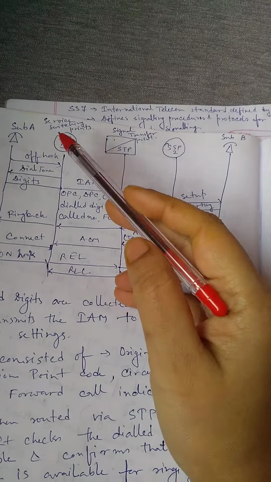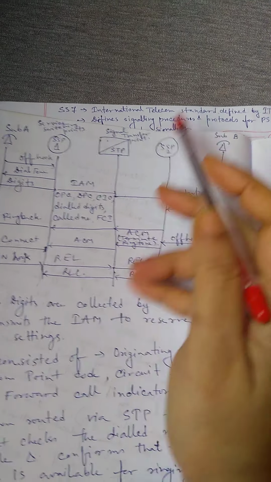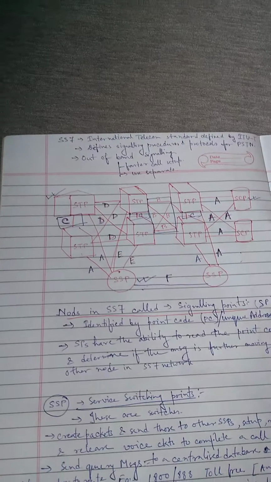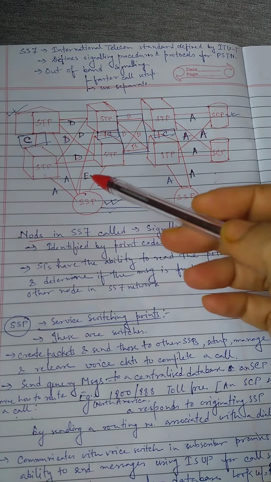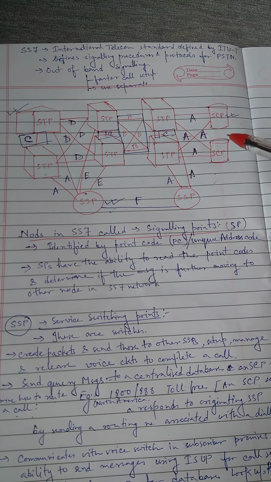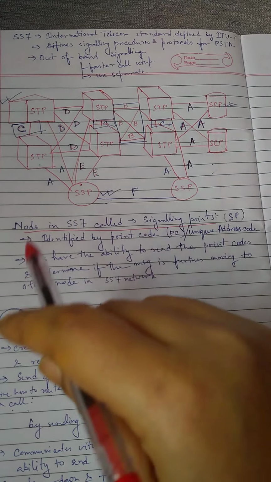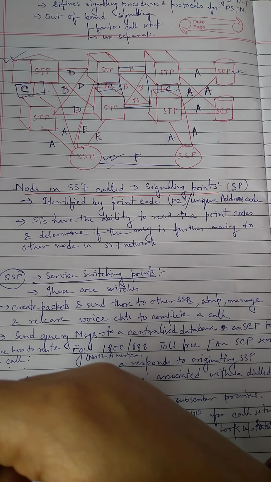That same thing will be used in SS7 signaling also, along with another extra node, the SCP, which is a service control point, used over here.